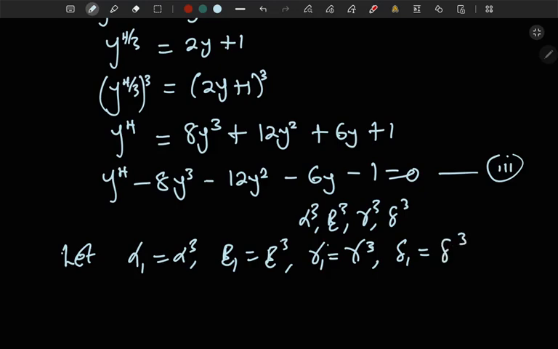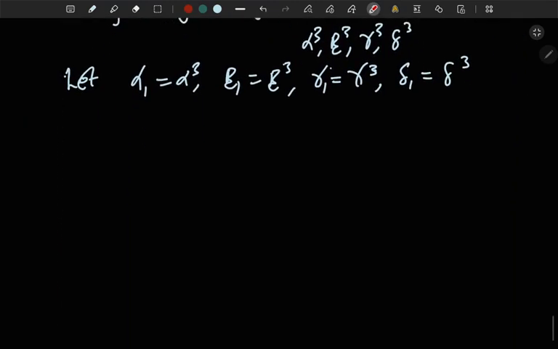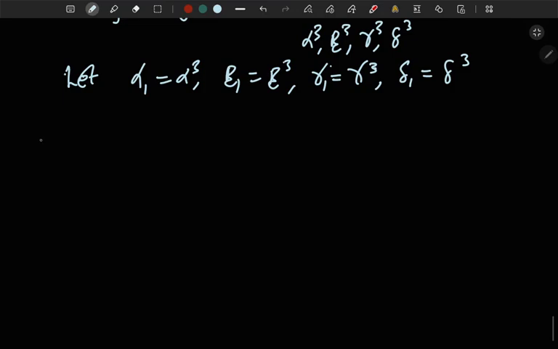So if you are to write your equation in terms of x, that is all about the first part of the question. The second part is you need to find 1 over alpha cubed plus 1 over beta cubed plus 1 over gamma cubed plus 1 over delta cubed. First, let me write out the expression.